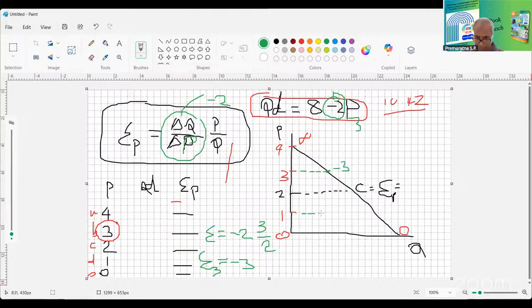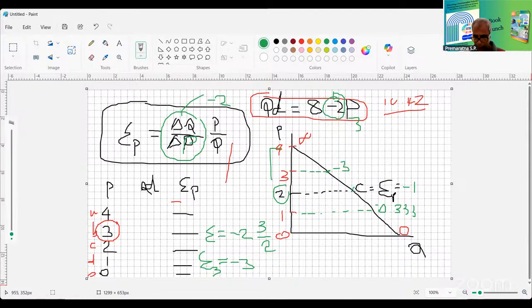Similarly, I hope you have calculated the price 1 also, where you get minus 0.333. And the price 2, what we call the mid price, the elasticity becomes 1. That always happens at the midpoint: the elasticity is equal to 1.